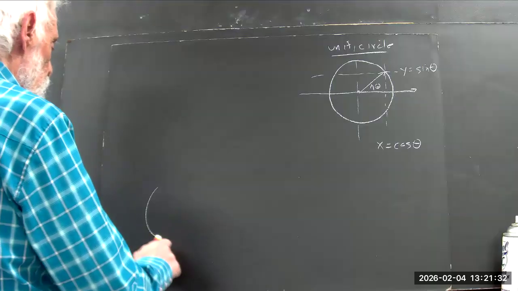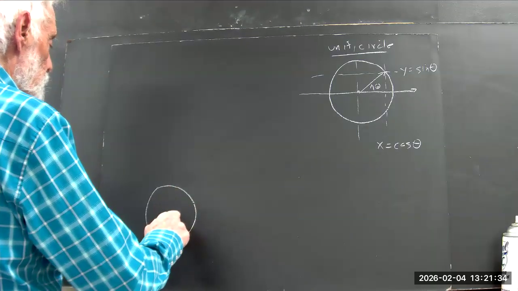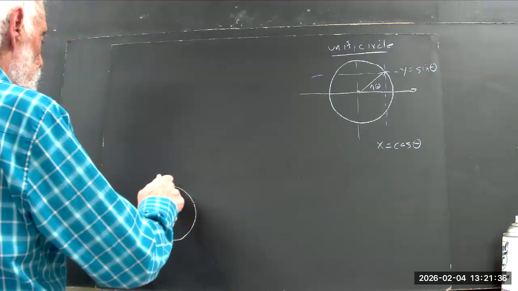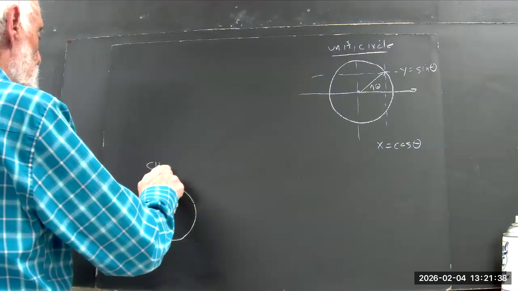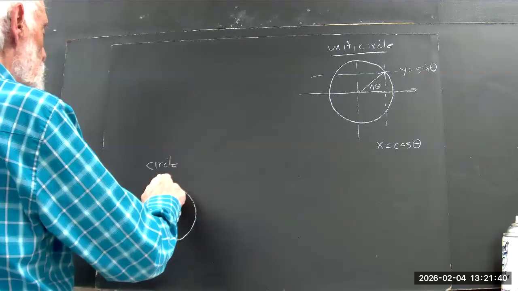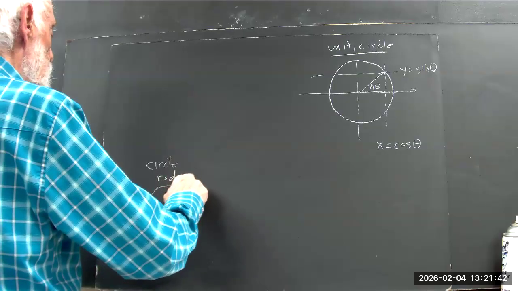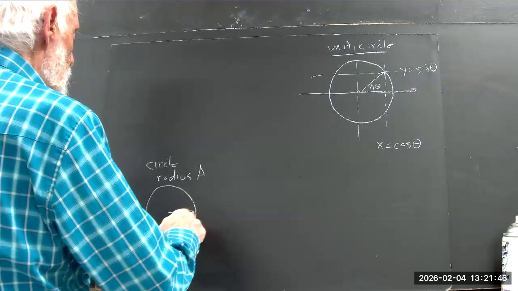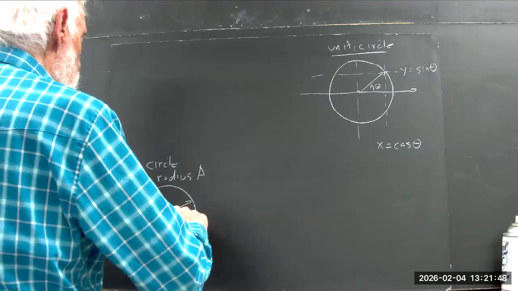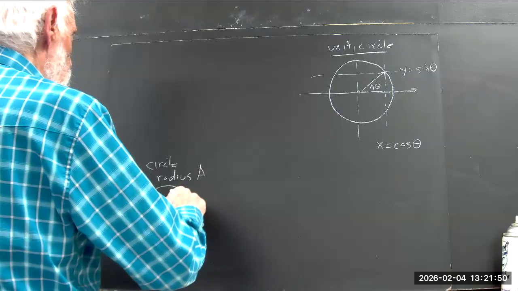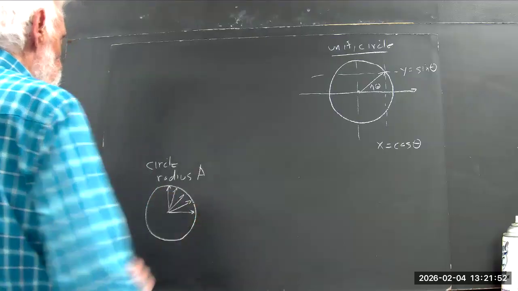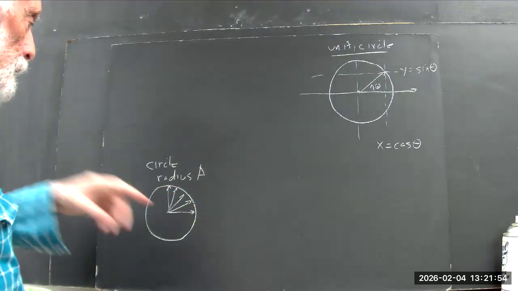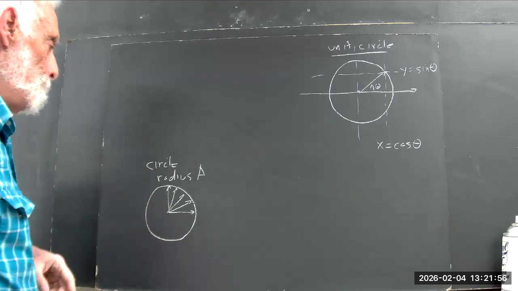I'm going to put a unit circle over here. Not a unit circle. I'm going to put a circle of radius A. And I'm just going to draw a series of vectors.